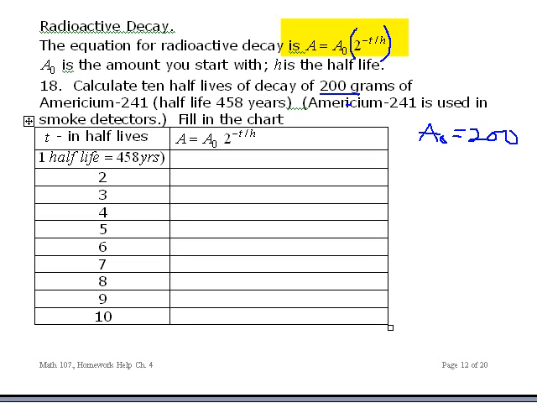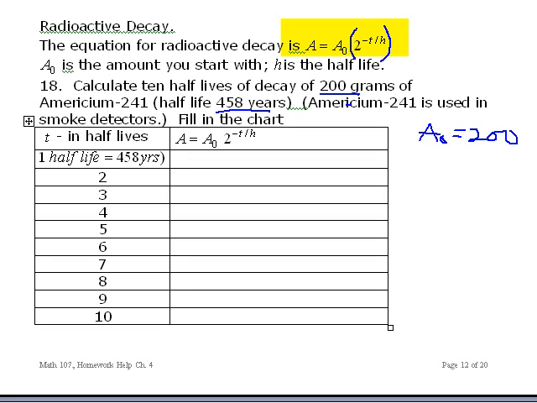The next thing, and that's why I'm having you do the problem like this, is that you have half-lives that are some strange numbers, like 458 years for americium-241, which is probably in your smoke detector. So it takes 458 years for half of that material to be gone, and another 458 years for half of what's left to be gone.